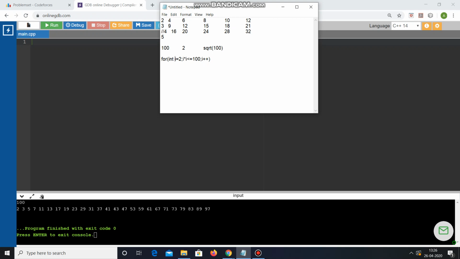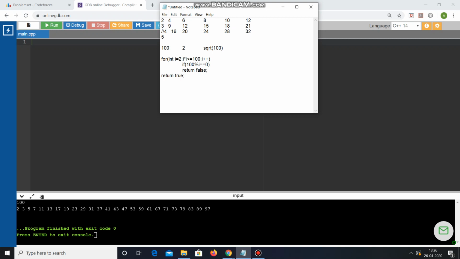So basically the logic of a prime number check is that we have to find whether any number between 2 and the square root of the number divides it. Say for 100, if 100 modulo i is equal to 0, return false because it is not prime, else by default it will return prime.